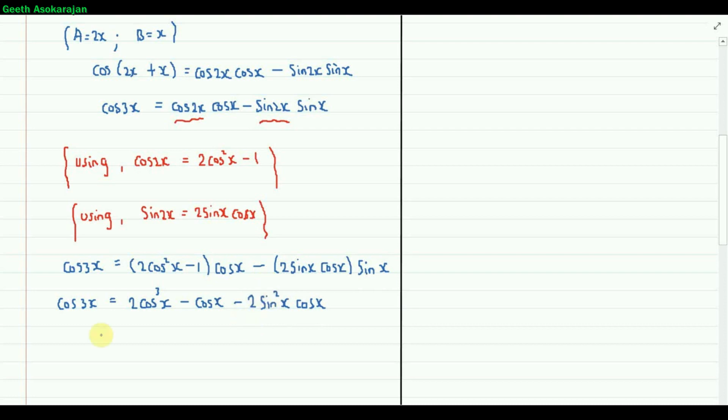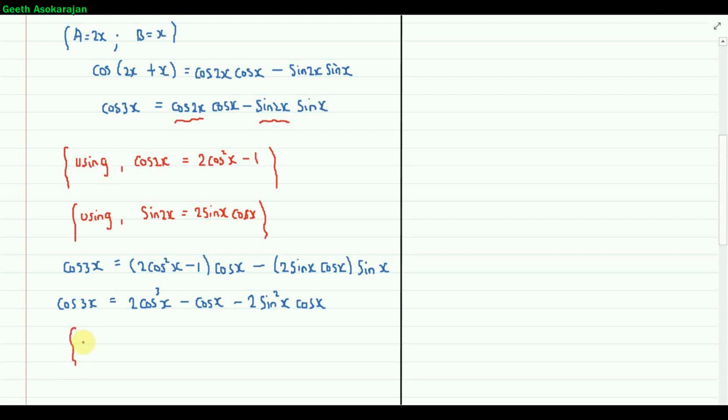Now, we're still not done because we need to write our answer in terms of powers of cos x, and we have this sin squared x term here. So let's try and get rid of the sin squared x, and there is an identity that will enable us to replace the sin squared x term by a cos squared x term, and that is the fundamental Pythagorean identity.